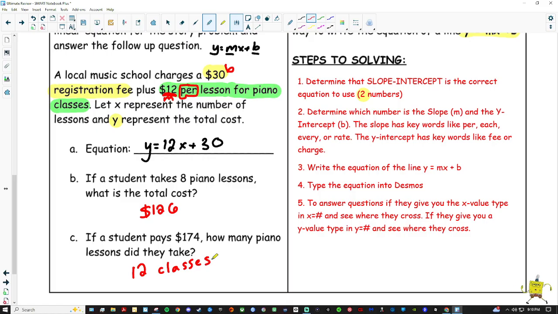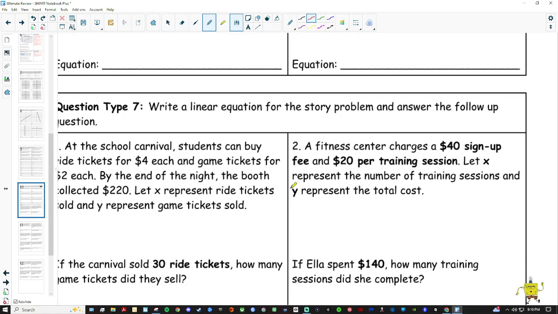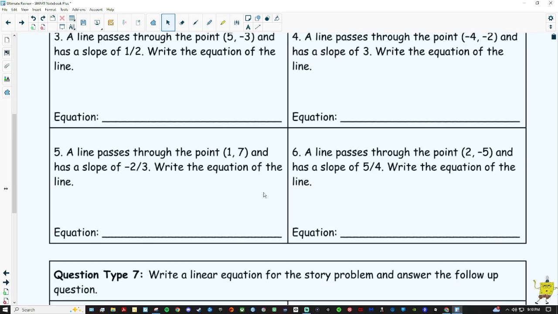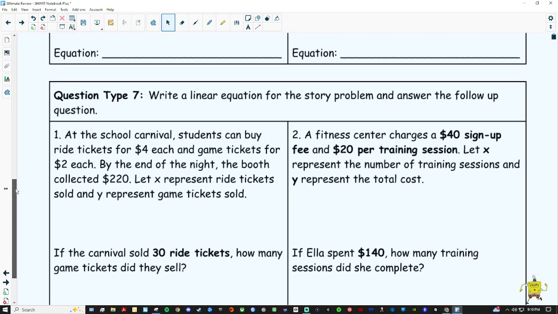Okay, and those are the only questions we are focusing on today. For question type 7, you're going to need to know which equation to pick. It's not going to tell you which one. In our packet, if you go to question type 7, it will look just like this: write a linear equation for the story problem and answer the follow-up questions.